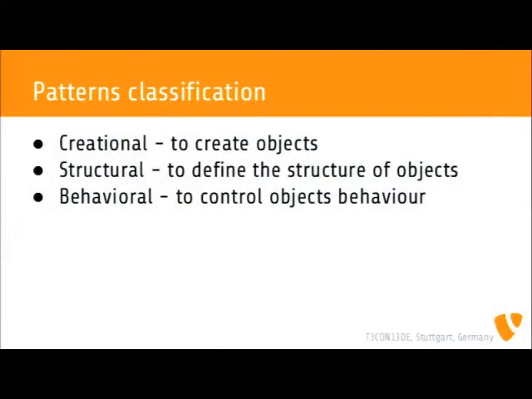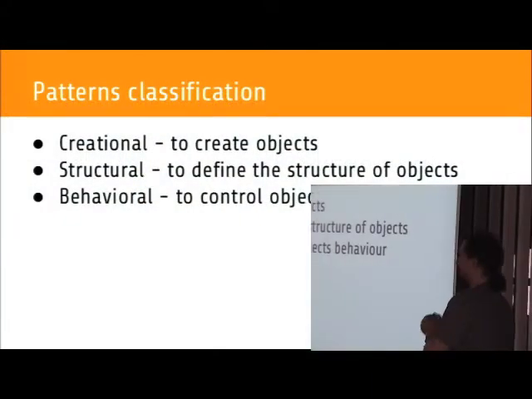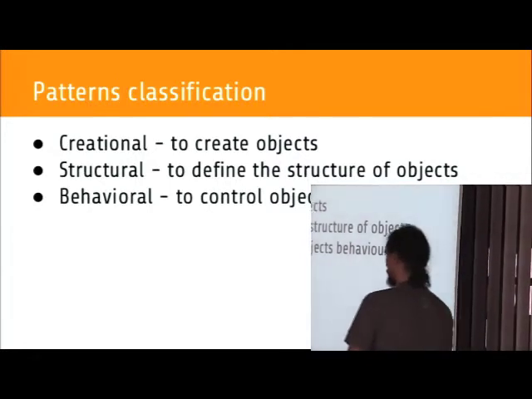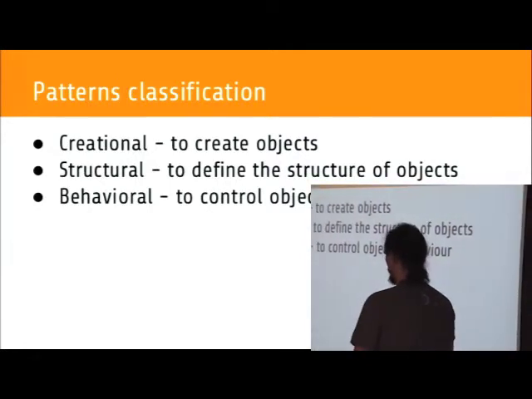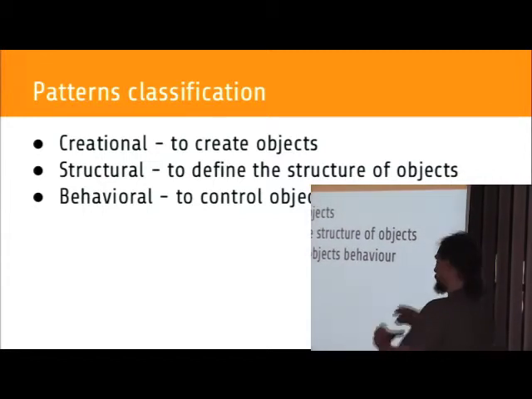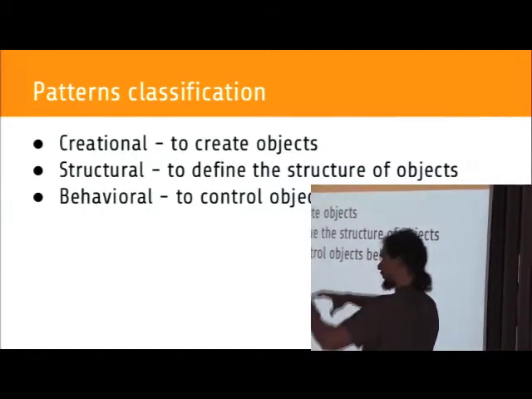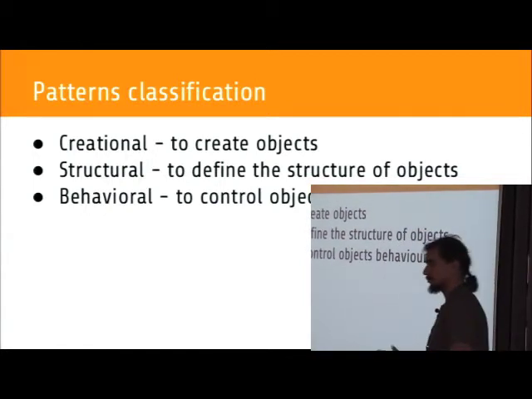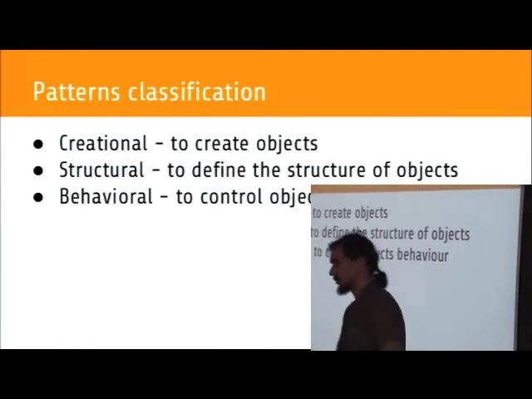So the classical typology of design patterns has three main groups: creational patterns, structural patterns, and behavioral patterns. Creational is to create object systems, structural to define the structure, and behavioral to define how the objects work together.